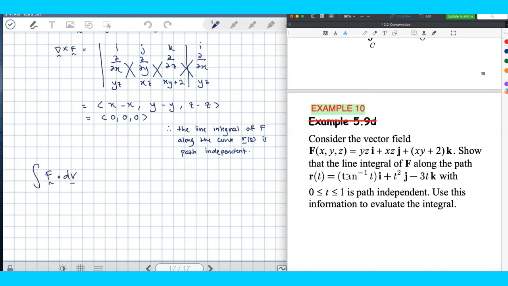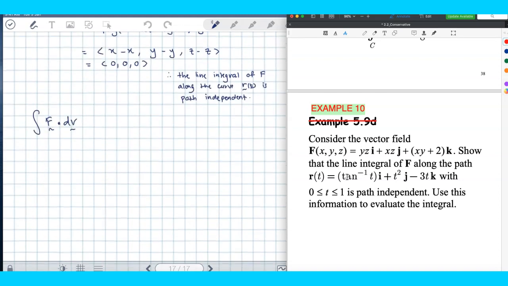The vector function is given, and t is also provided. But in this case, you have to deal with the inverse tangent, and you have to convert the yz here, the xz here, and the xy plus 2 here in terms of t.